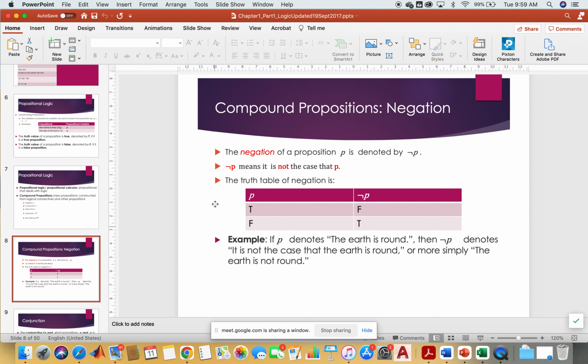So it is the opposite. Example here, if P denotes the earth is round, then the negation of P denotes that it is not the case that the earth is round, or simply the earth is not round. This is easy. The first one is a bit easier.